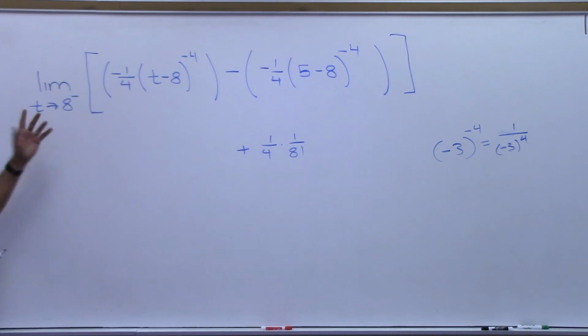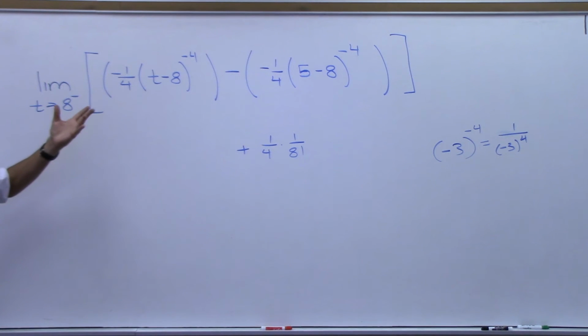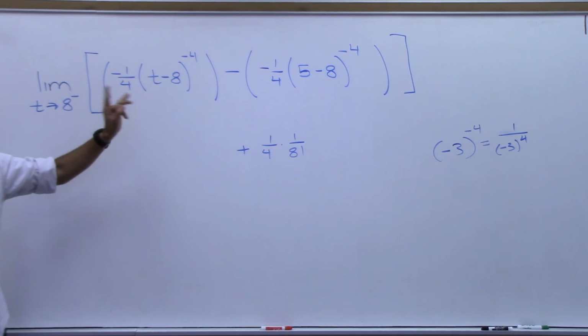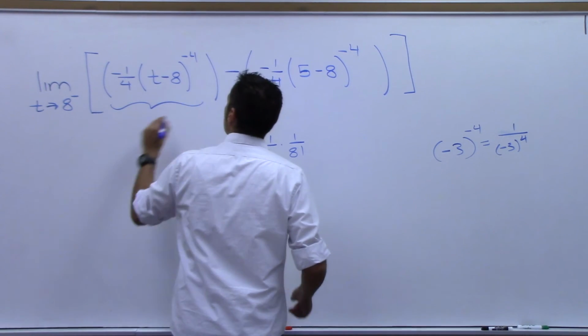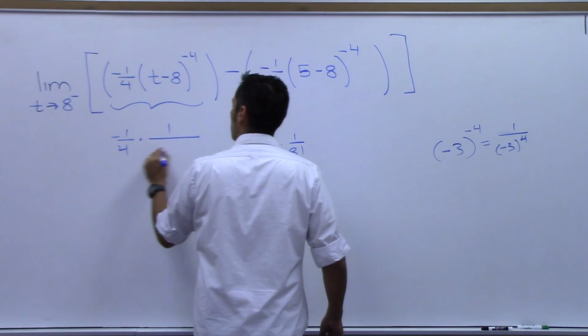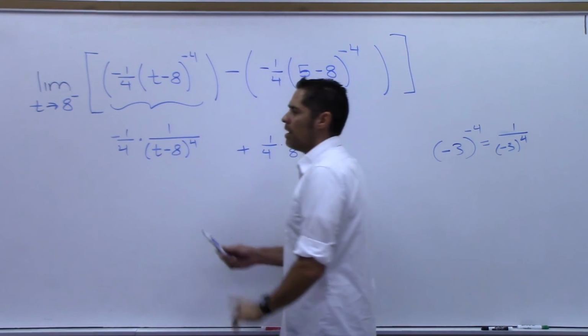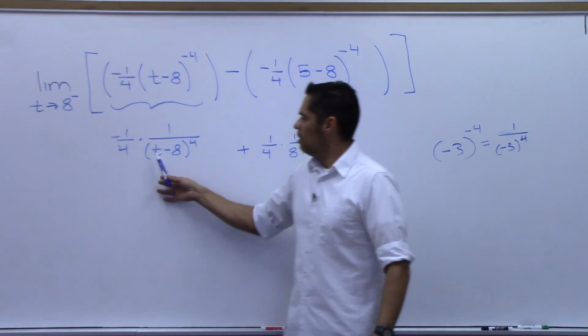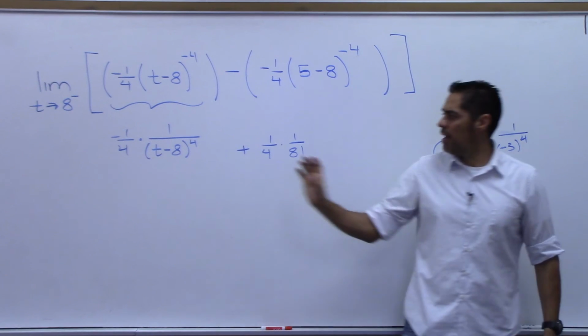And this is where we're going to have a problem. If we plug in 8 right into here, you get 0. Zero to any power is 0, but that's not right, because this is really negative 1/4 times 1 over (t minus 8) to the 4th. When I try to plug in 8 here, I get 0, and that gets infinitesimally small down here.